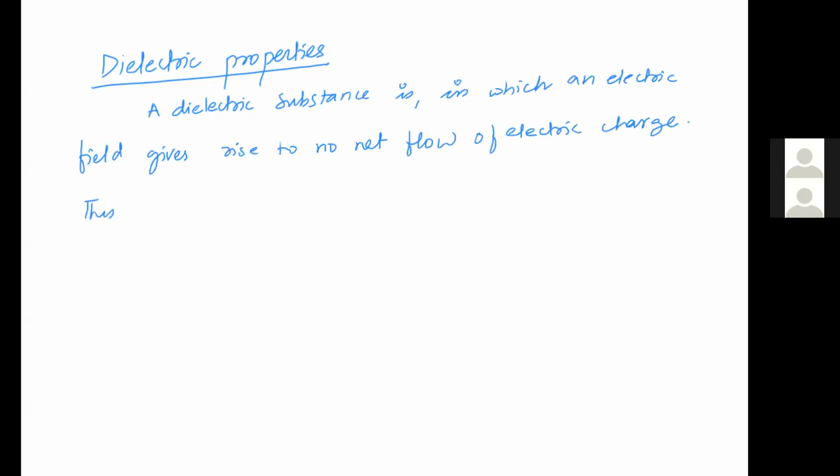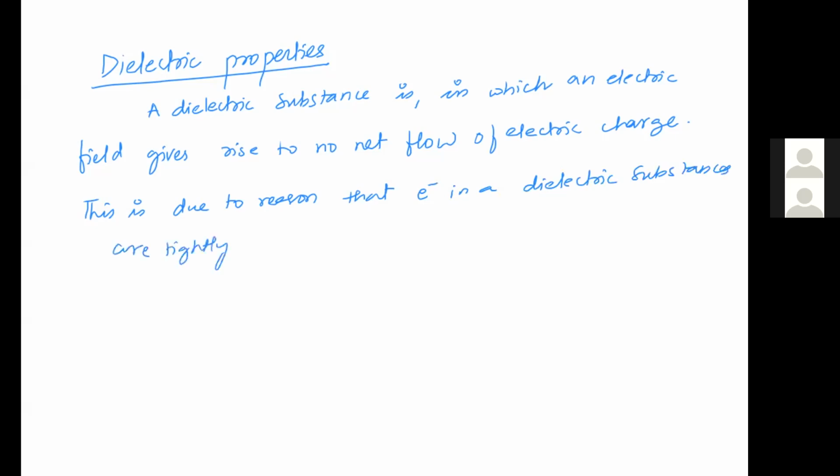This is because electrons in a dielectric substance are tightly held by individual atoms. So what happens generally when electric field is applied through these substances?